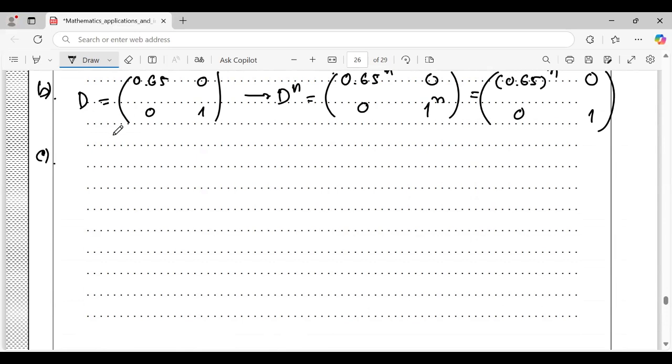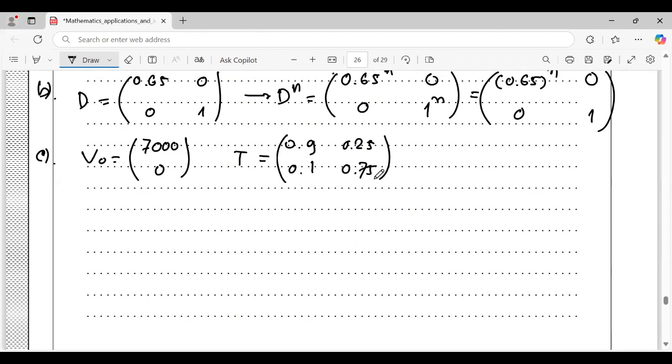The initial customer vector is 7,000 and 0. And the transition matrix T equals 0.9, 0.1, 0.25, and 0.75.